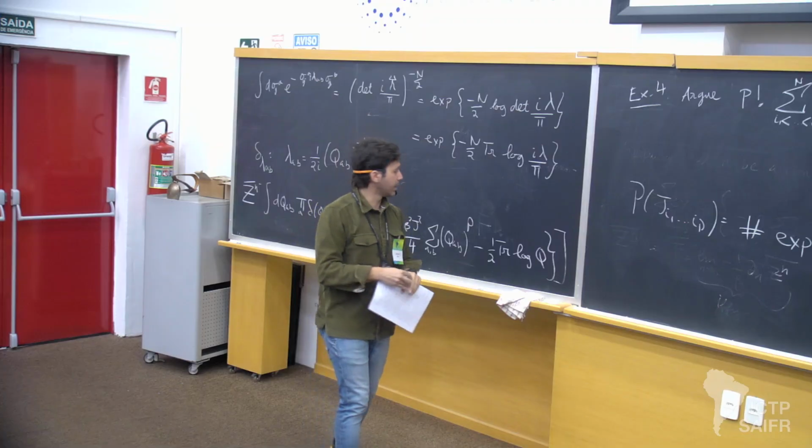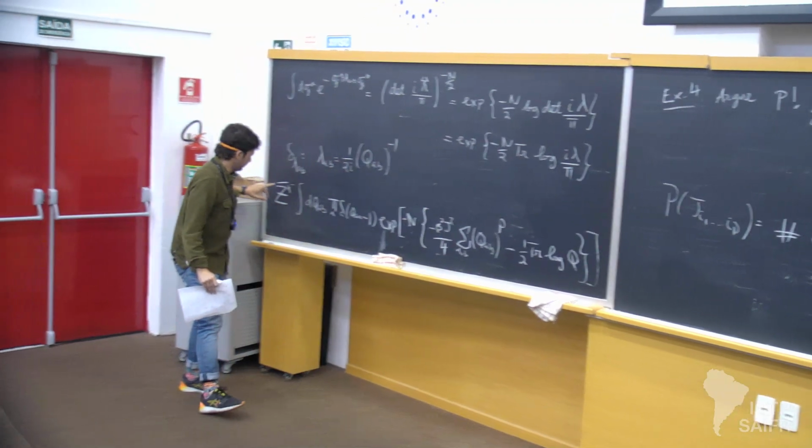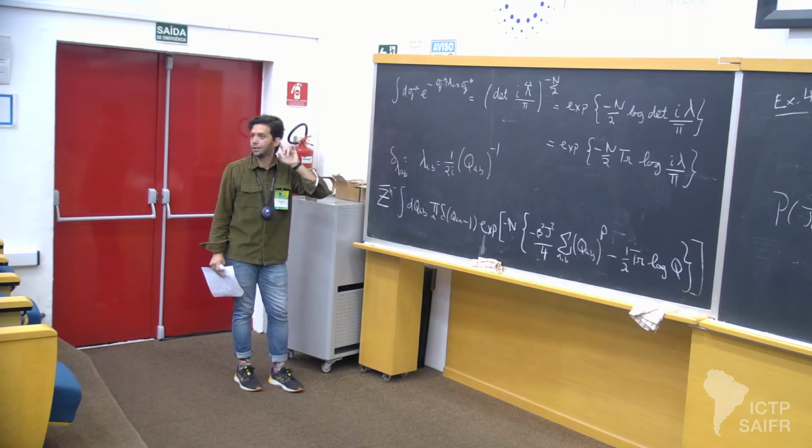Well, before we study this theory, remember, we have to study the equations for Q, the saddle point equations for Q, but we're not done once we solve the saddle point equations for Q. What's the last step that we need to do? Take the log.